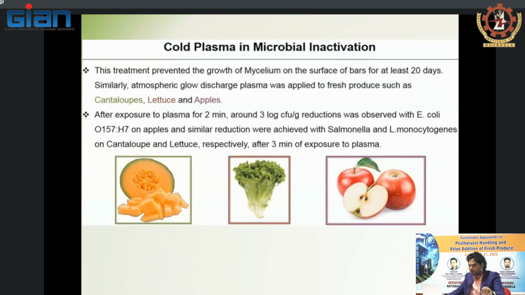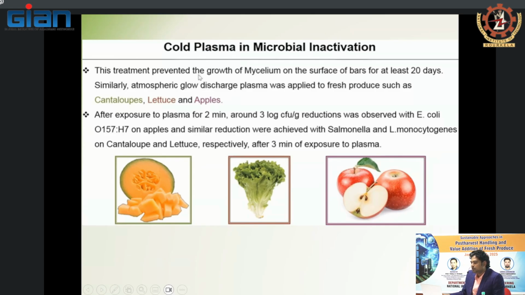And as I said, for cold plasma microbial inactivation, you can see the surface after exposing it to plasma for 2 minutes can bring about a 3 log cycle reduction in E. coli.